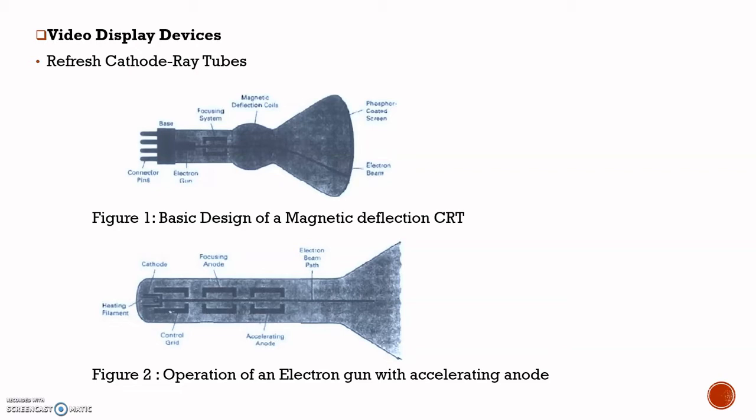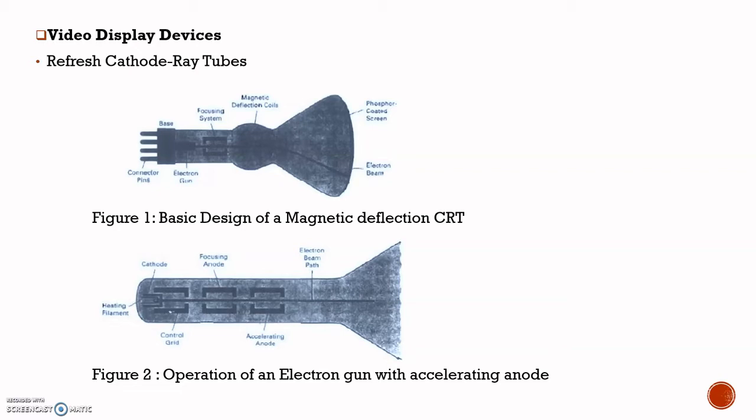So we can say that the primary components of an electron gun in a CRT are the heated metal cathode and a control grid. You can see a control grid in the second figure and also a heating filament along with a cathode. So these are the primary components of an electron gun.